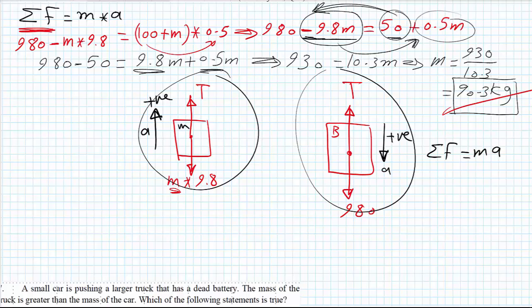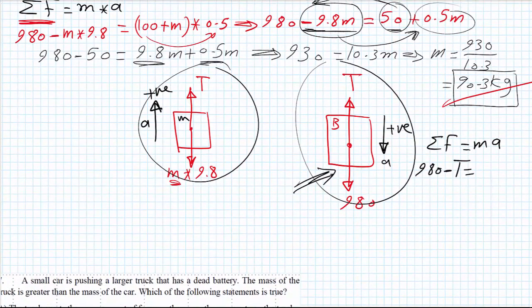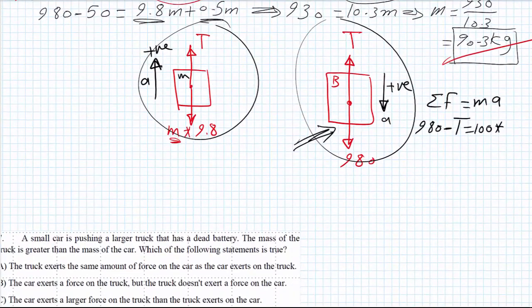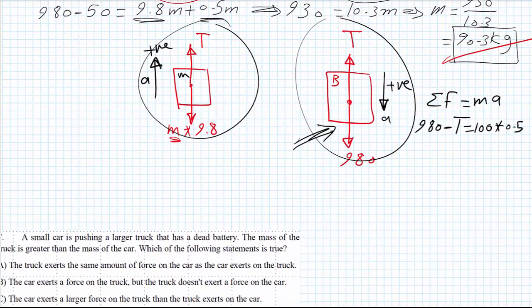Okay, so let's use this one, which is 100 kilogram. So 980 is positive. The tension here is negative. The mass of the second object is 100 kilogram. The acceleration of the second object is also 0.5 meter per second squared.